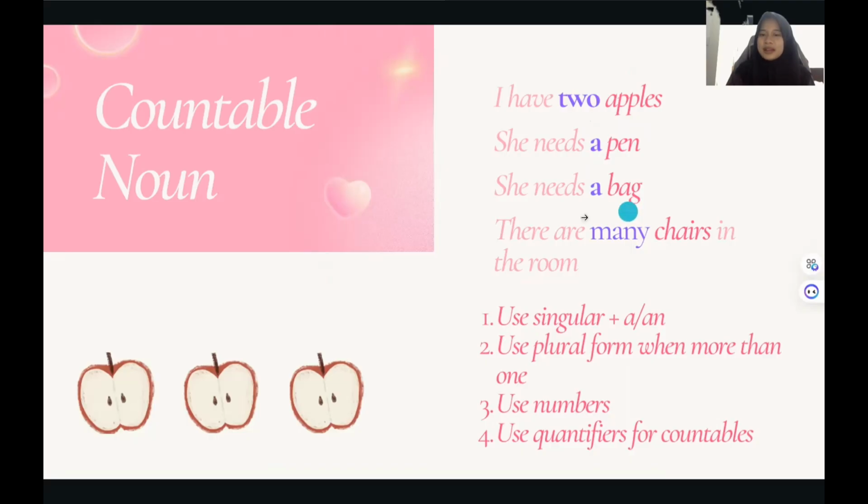She needs a pen. She needs a bag. And the last, quantifiers for countable nouns. There are many chairs in the room. Chairs is plural, and many is a quantifier for countable nouns. So right now you know how to use countable nouns and how you can analyze whether a sentence has a countable or uncountable noun.